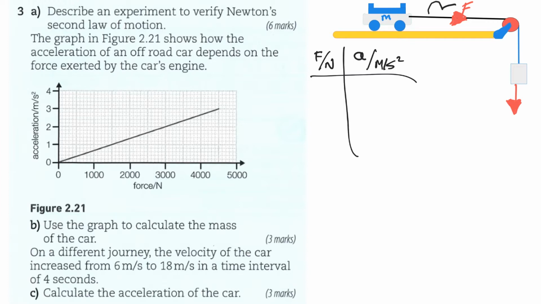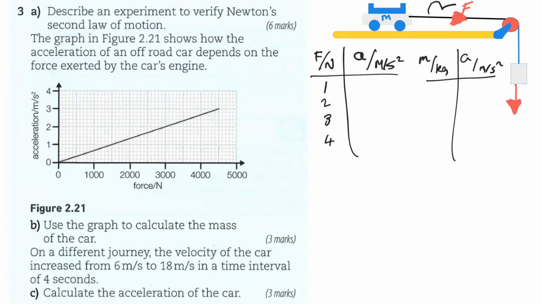So you set the system up with a fixed trolley and a set of different forces that you're applying, and then you measure some accelerations using the light gate and data logger.